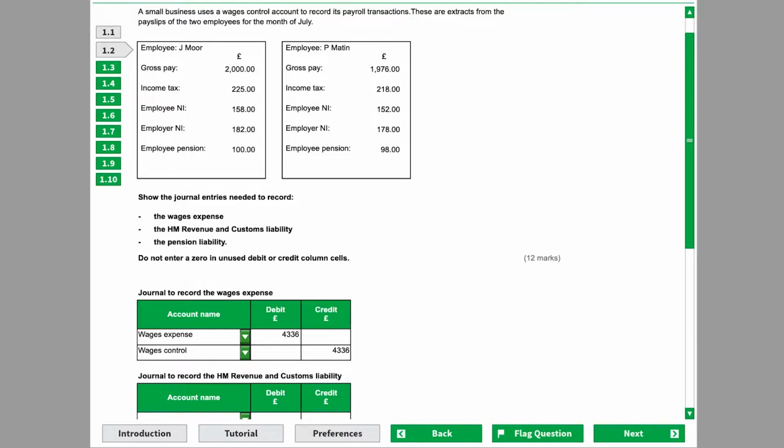Moving on to journal number 2, which is the HMRC liability. This will consist of income tax and NI contributions from both employee and employer, as both need to be paid across to HMRC.